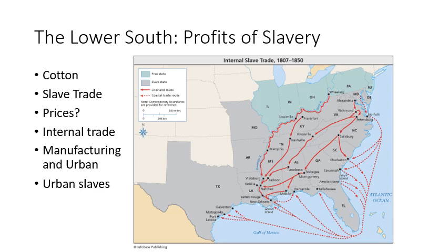The profits from selling this human chattel would basically go into buying more land and more slaves. You might have someone sell the children that they owned in order to buy an enslaved person with a specific skill.